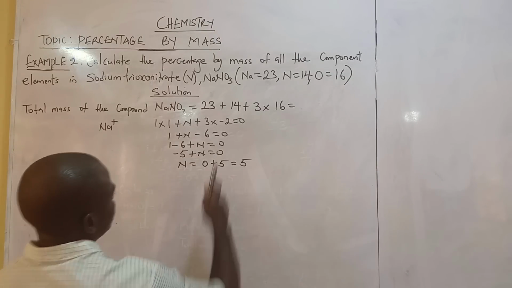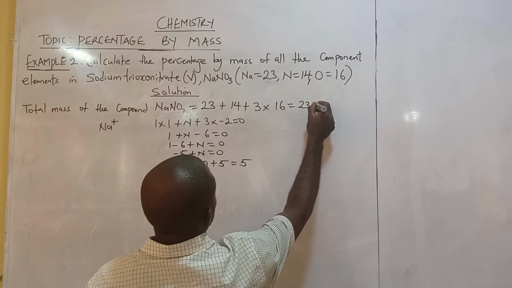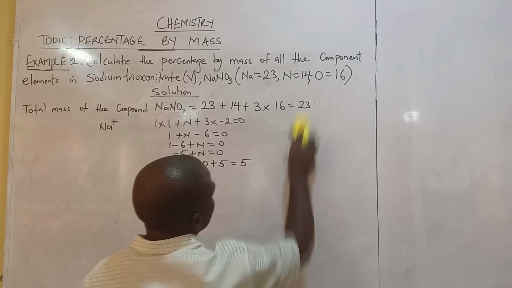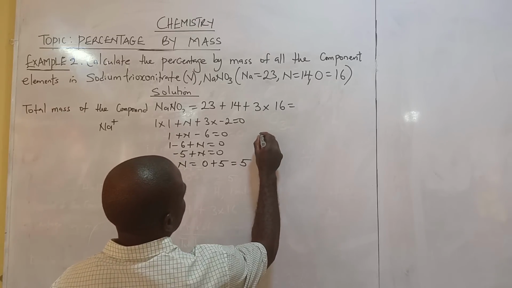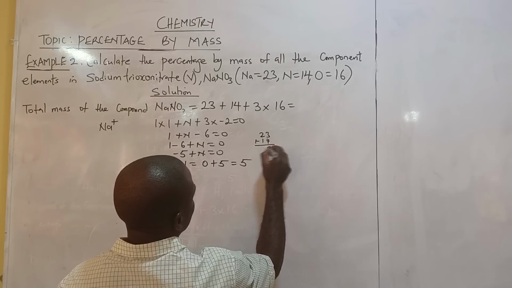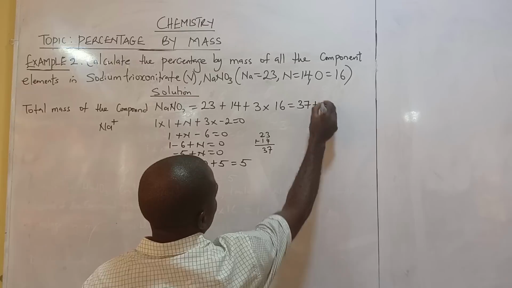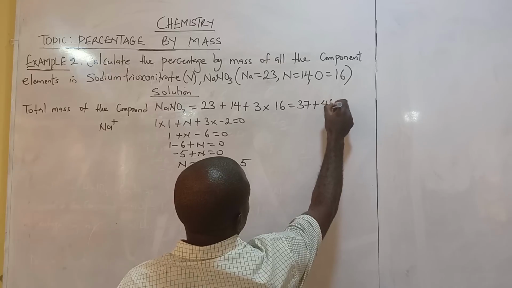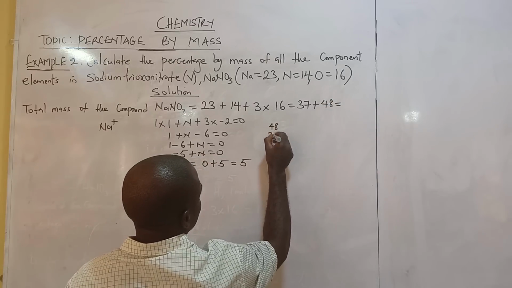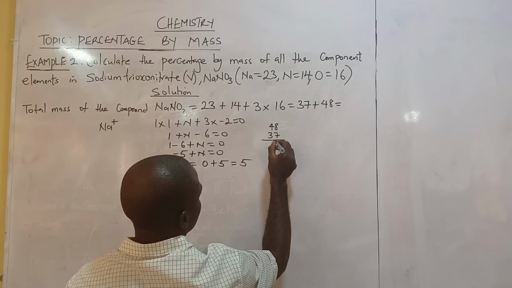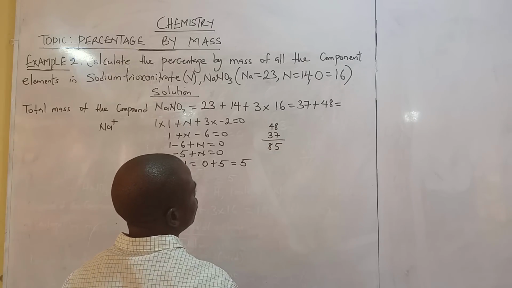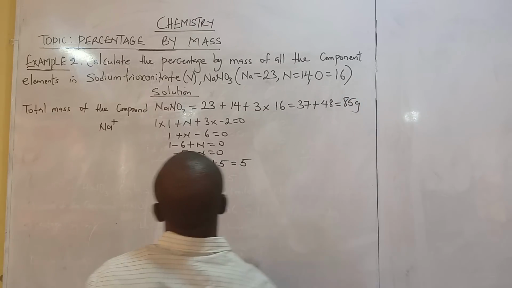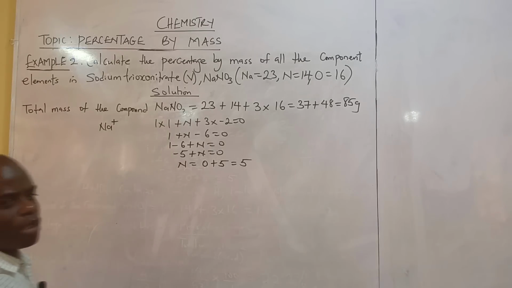Now 23 plus 14 is 37. 37 plus 48 is 85. That's 85 gram per mole. Is that okay?